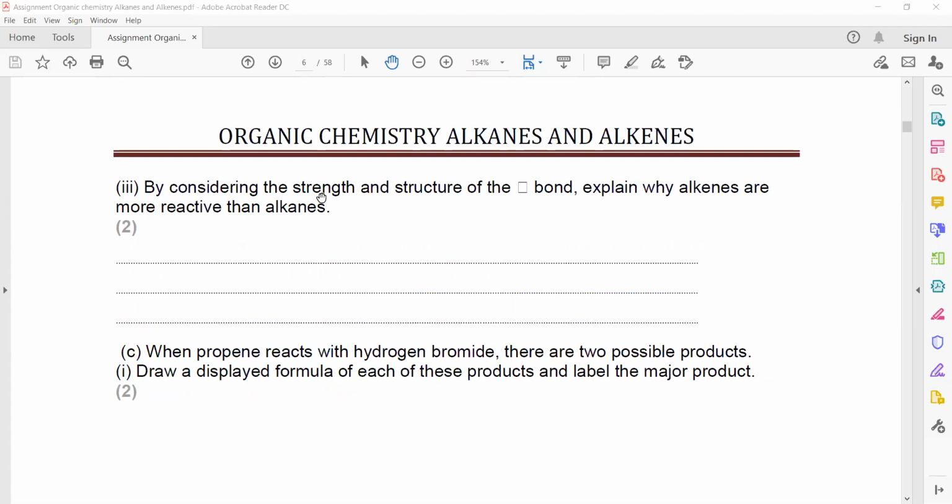By considering the strength and the structure of the pi bond, explain why alkenes are more reactive than alkanes. So why do alkenes undergo reactions much faster compared to alkanes? What is the reason for that?